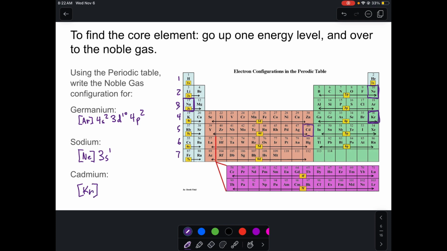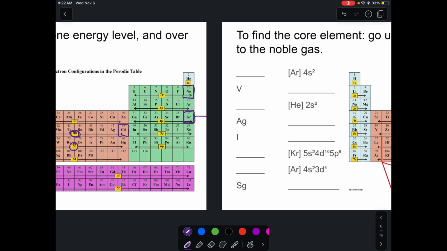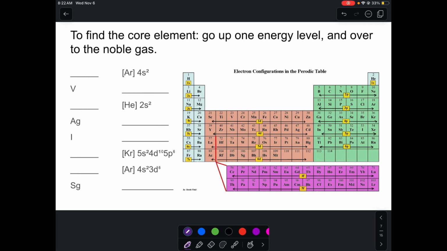So then after krypton, we go to 5s2, and then all the way to, is it 4 or 5? It's 4. 4d10. Remember that drop down. We go from 5s to 4d. We go from 6s to 5d. Okay? All right, I want you guys to go ahead and do these on your own.